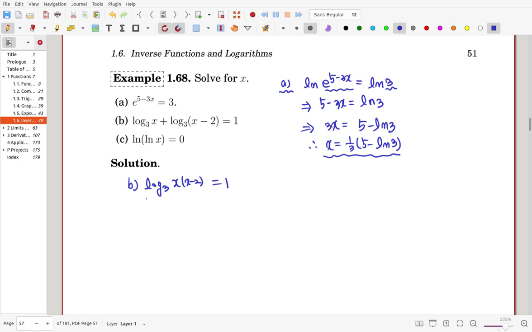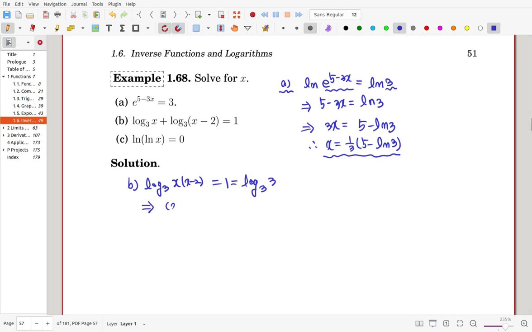However, rather than that, we try to change this one to a base 3 logarithm, so that log base 3 of 3 is always 1. Now we can cancel the log base 3 on both sides.